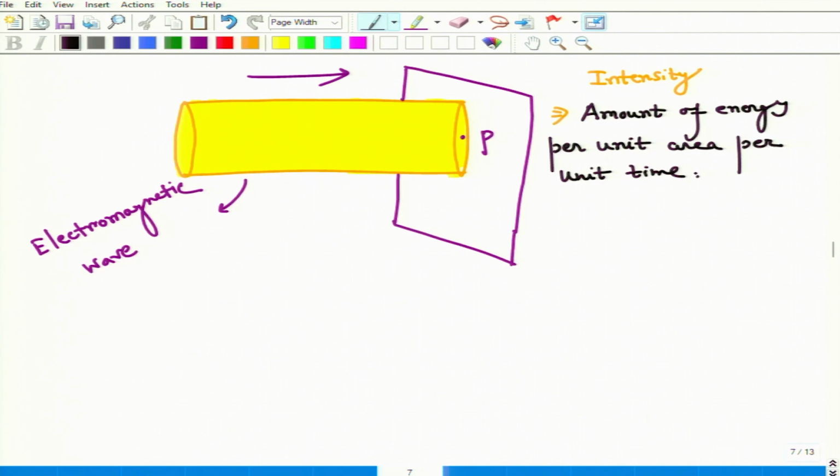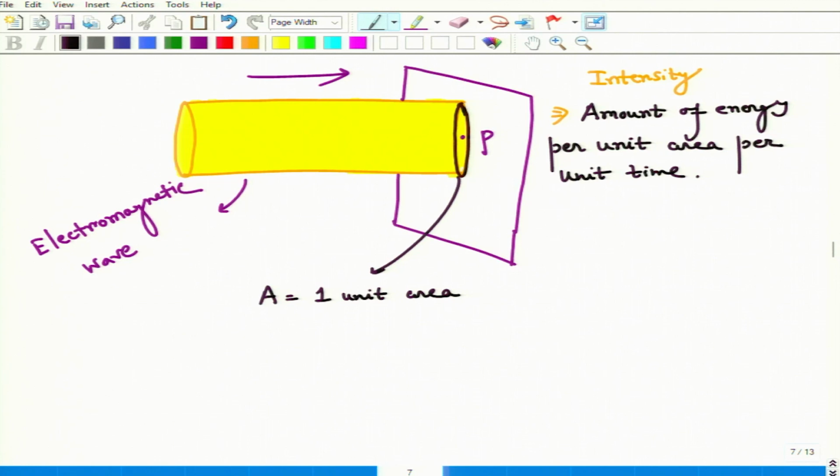Let's say this surface area is the unit surface area. It may be in CGS or SI, but it is 1 unit area.